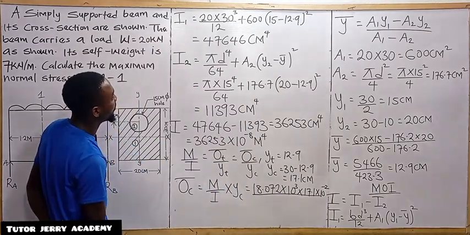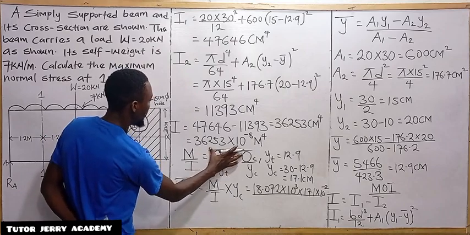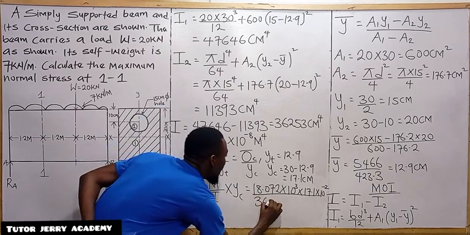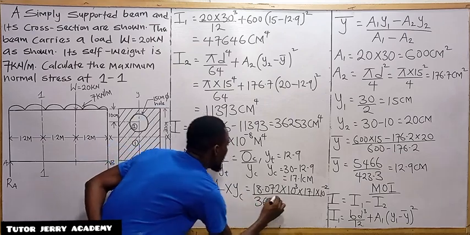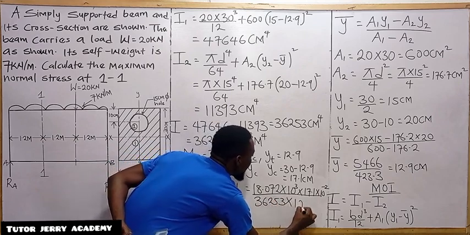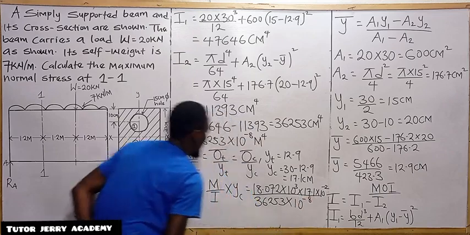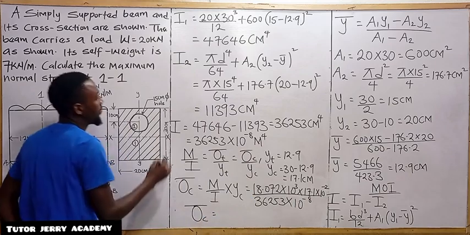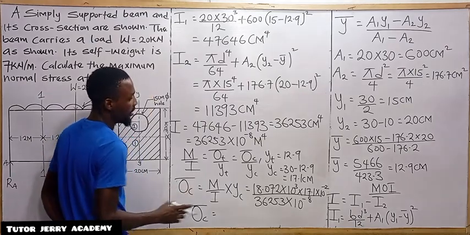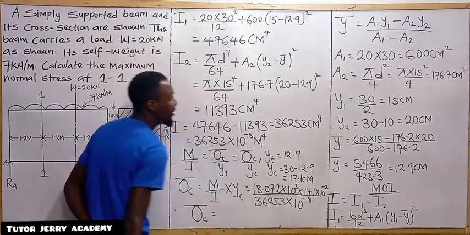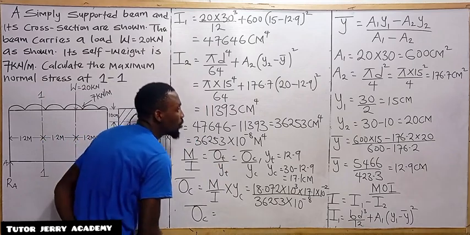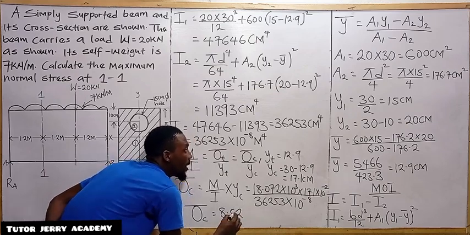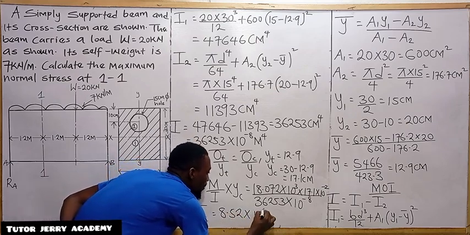Our I is nothing but 36253 multiplied by 10 to the power of minus 8. So if you do that, the answer for our maximum compressive stress will be equals to, if you multiply this and you divide by this, is going to give you 8.52 times 10 to the power of 6.